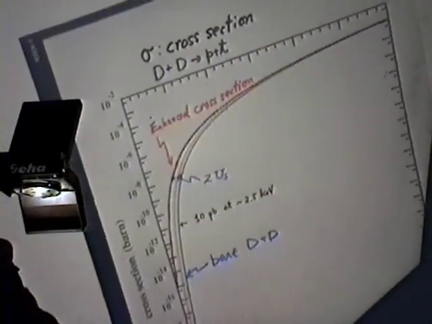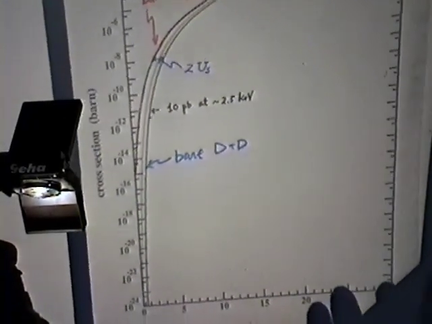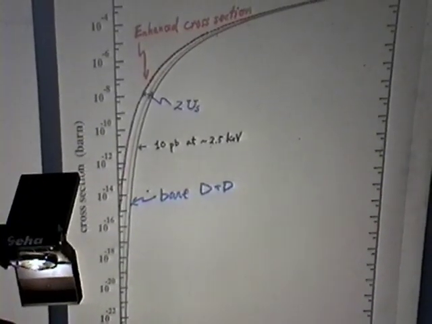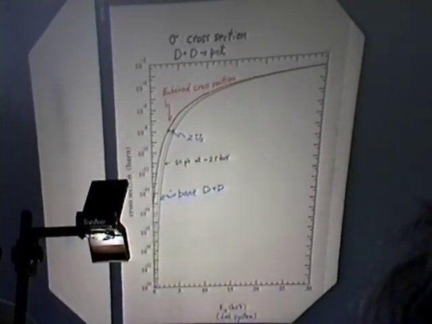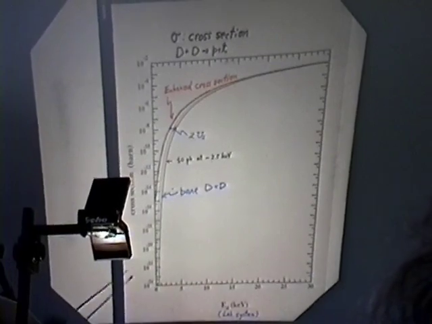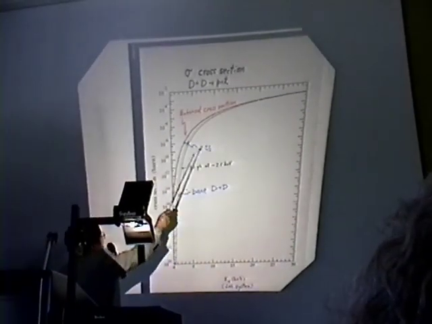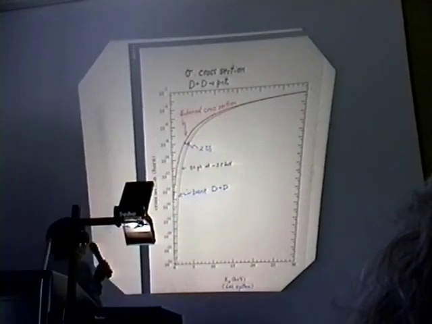Just to show how difficult it is to measure this kind of screening energy. This is for the D plus D case. If you have no screening, your cross section goes down very quickly.